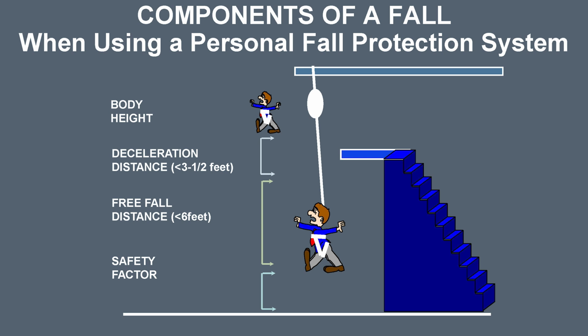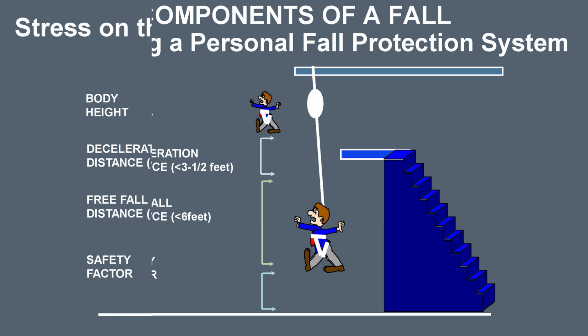The components of a fall protection system you have to look at are: what's the height of the person, the deceleration distance of your lanyard, the free fall distance, and of course, the safety factor, which accounts for the stretching of all your equipment. You'll see how that comes into play in a little bit.